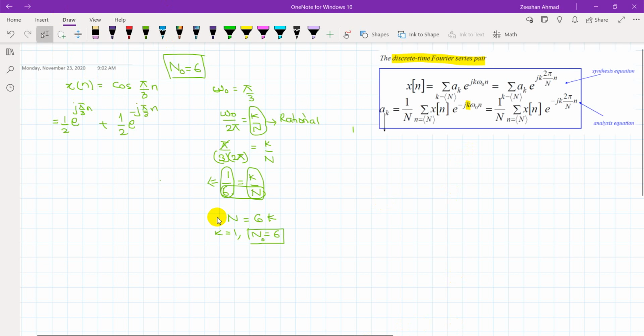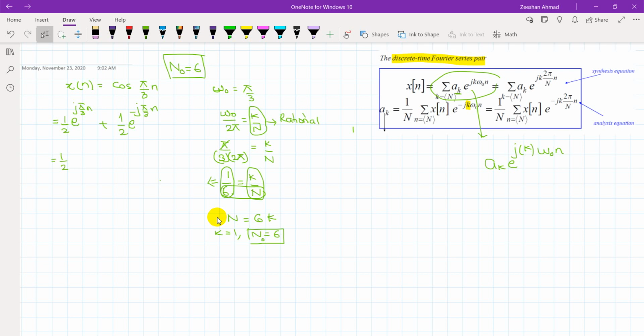Now you already know from this formula, I have summation of a of k e power j k omega naught n. So I will try to write it like a of k times e power j k omega naught n. I'm writing the value of k in the brackets because this will tell me what coefficient it is, just to make things easier here. So I rewrite this as 1 by 2 into e power j k omega naught n.